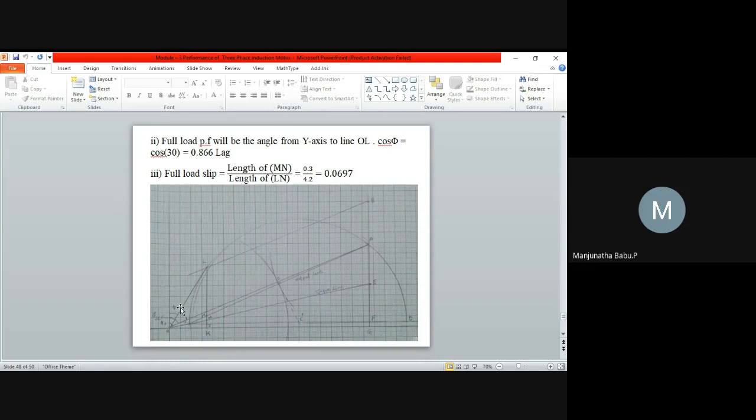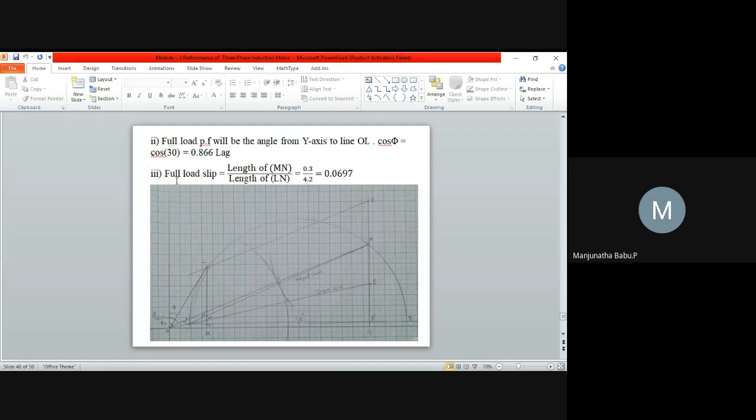How much are you getting for cos of 31? 0.85, okay, fine. 0.8572, note that down. So lagging. Since it is an inductive load, the power factor will always be lagging. This is how from the graph we find the power factor at full load.